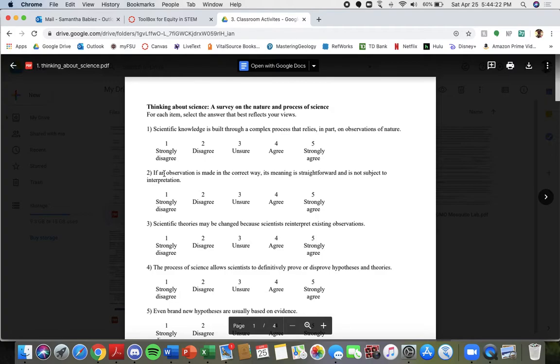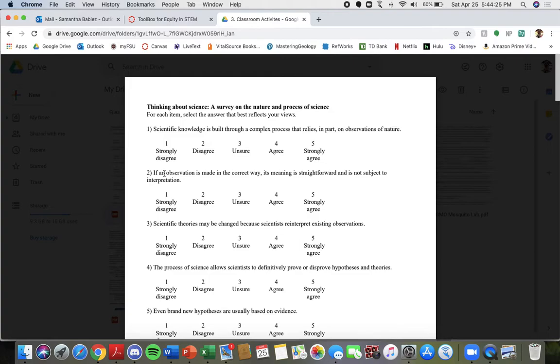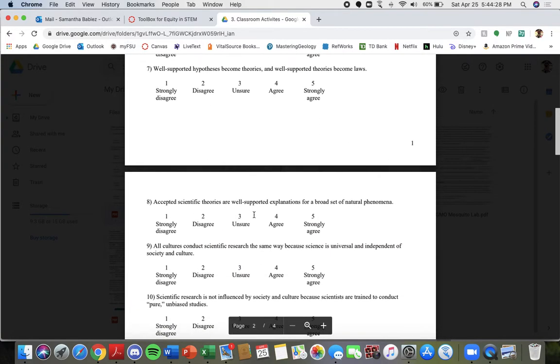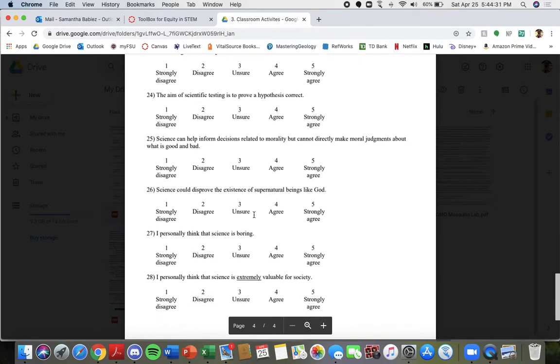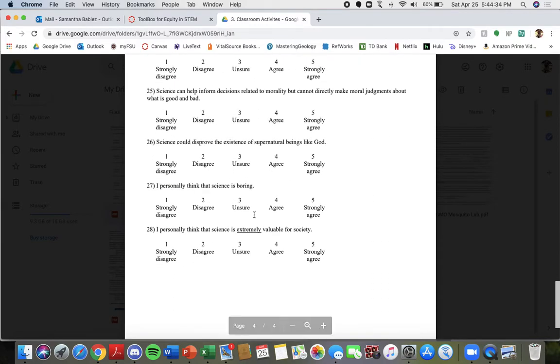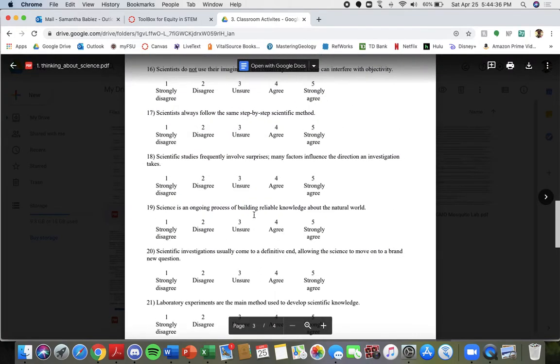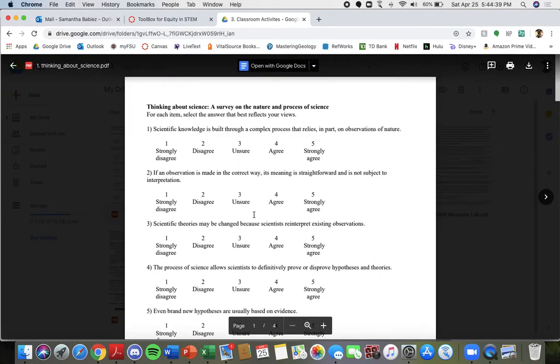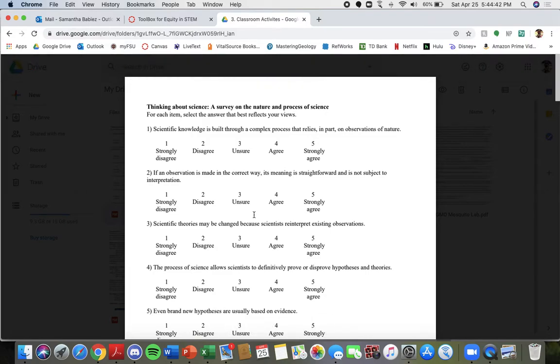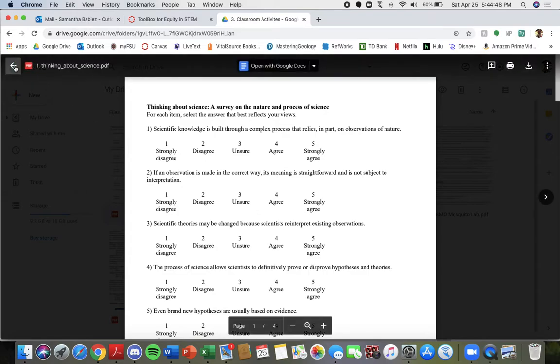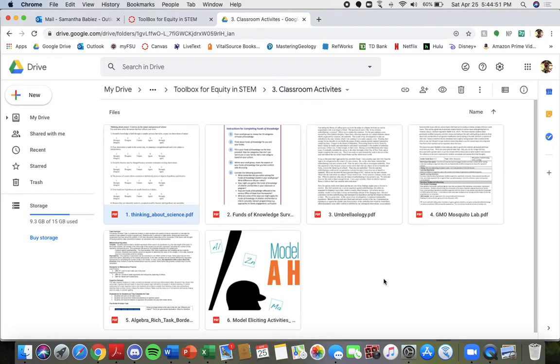I wanted to put this in here because I think it would be a great thing to have my students do as maybe a first or second day of school activity, just to get their brains immersed in thinking about science, like what it means to be doing science, so that they know that for the rest of the school year, I'm setting up this norm of them doing science in my classroom. It's not going to be lectures every day, all day long, where I'm the one doing the sense making, and they're just sitting there not doing much of the sense making.